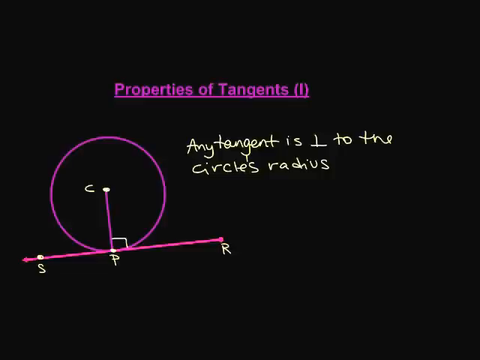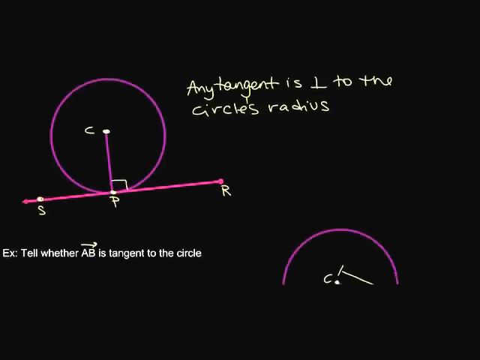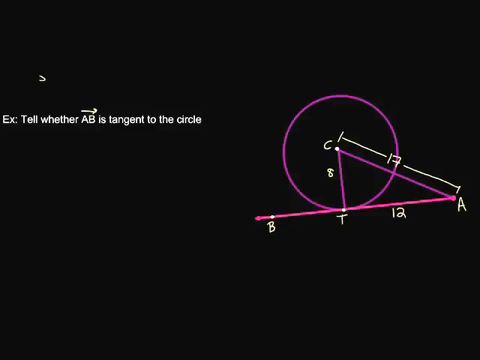That's going to allow us to solve a whole bunch of different types of problems, which we'll be doing over the next couple of days. Let's look at an example. In this example, we are just supposed to tell whether ray AB is tangent to the circle.